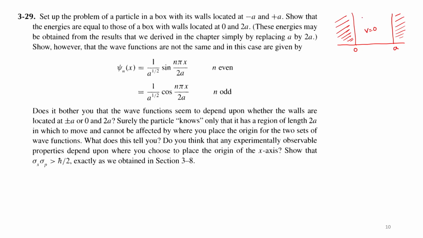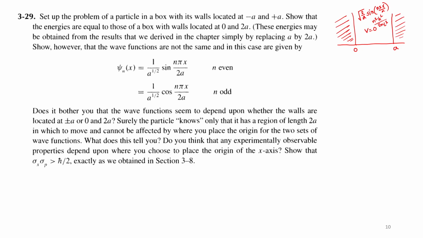Now, the normalized solution was the square root of 2 by A times sine of n pi x by A, and the energy was n square h square by 8 m L square.